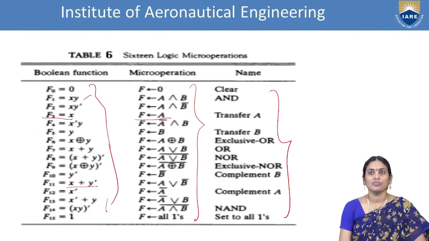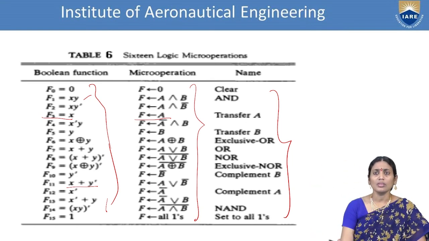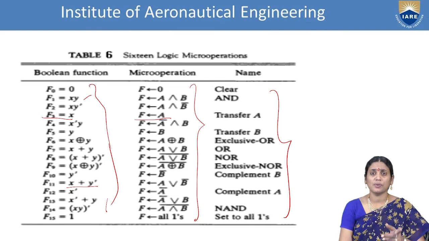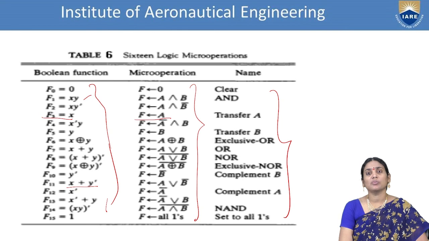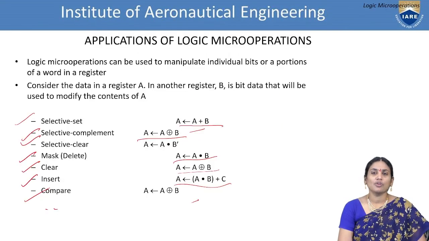So here is the Boolean function table. On the left side, you can find the Boolean functions of the corresponding F0 to F15. The second column is the micro operation with respect to those Boolean functions, and the name of that micro operation is given in the name section. Now the applications of logic micro operations, other than the 4 basic operations, are selective set, selective complement, clear, mask, insert and compare.